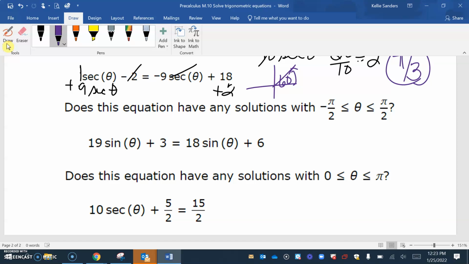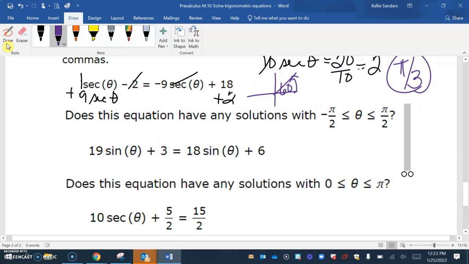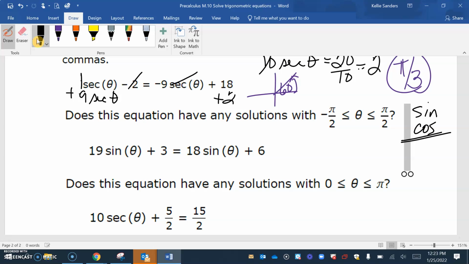On these questions, if you were given sine or cosine, remember our answer has to be between -1 and 1.